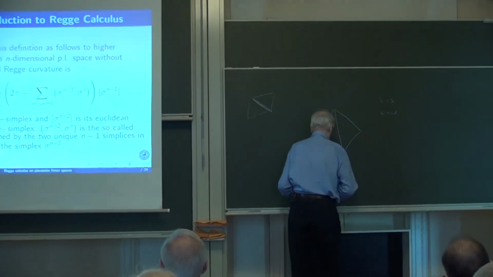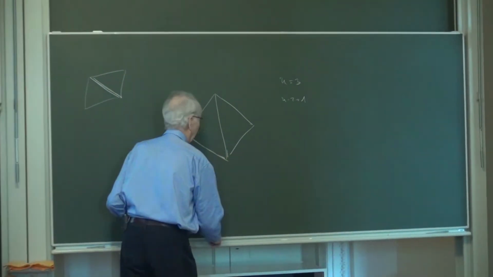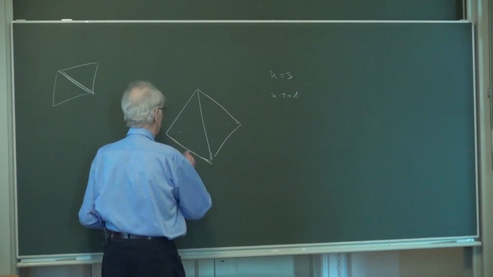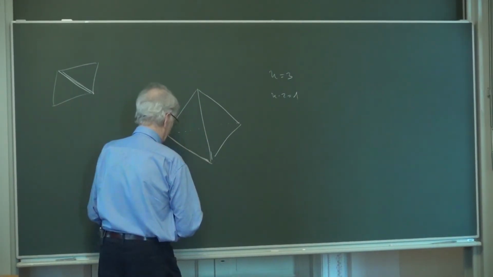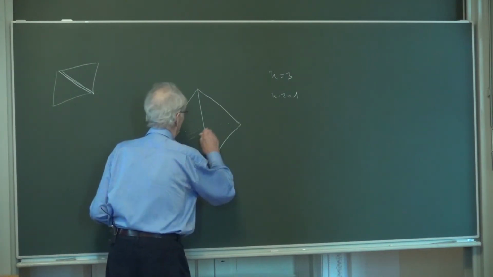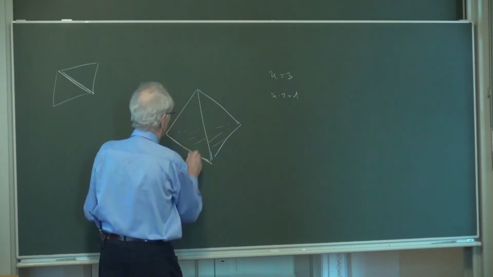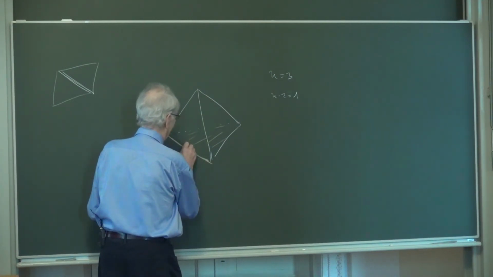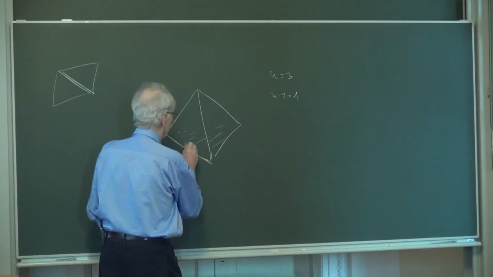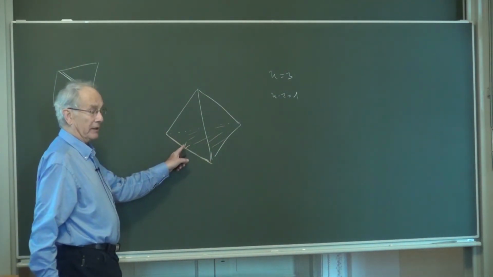Now let's look at this n minus 2 simplex, that's a 1 simplex, and it's common to this triangle here and this triangle here, and these 2 triangles form an angle at this point. And that's the dihedral angle.